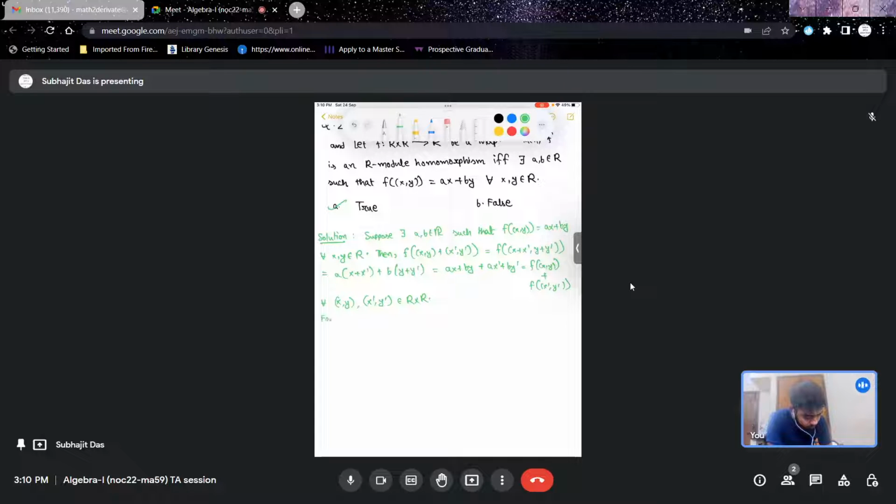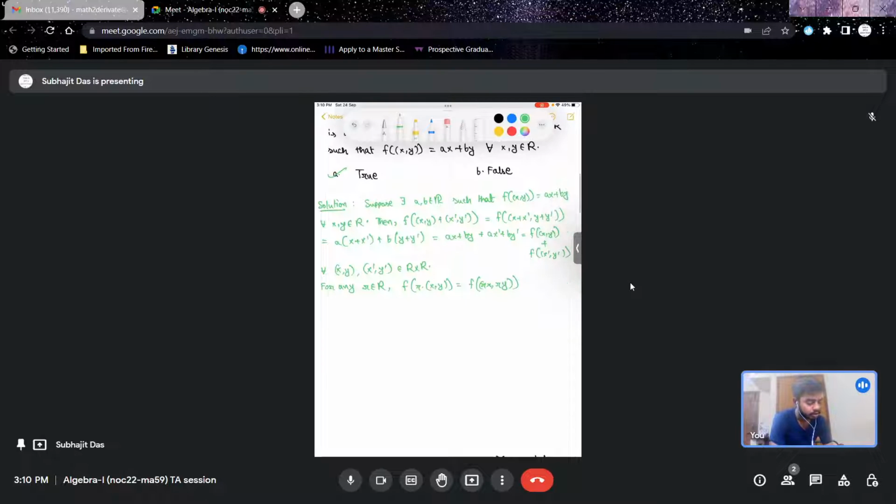And also, for any R in R, f of R times xy by definition is f of Rx comma Ry, the usual module structure, I mean the scalar multiplicative structure, on R cross R. So this is just A times Rx plus B times Ry, right?